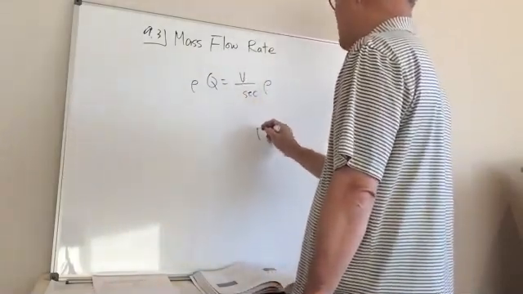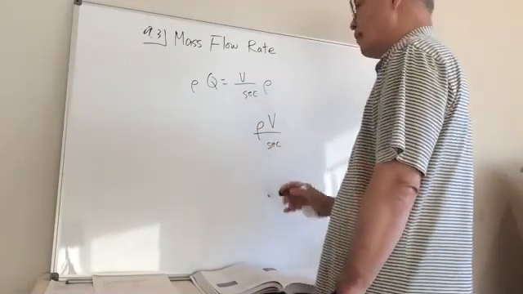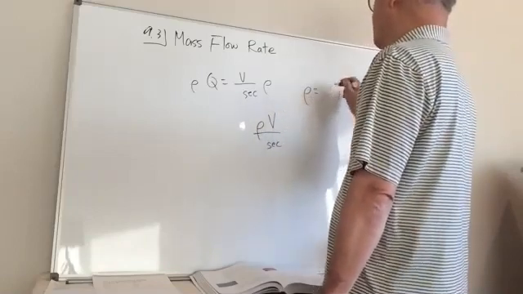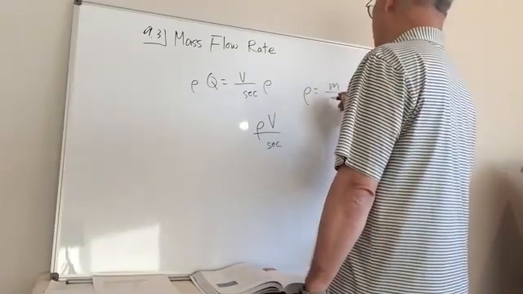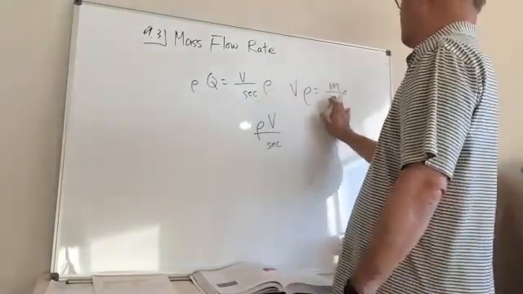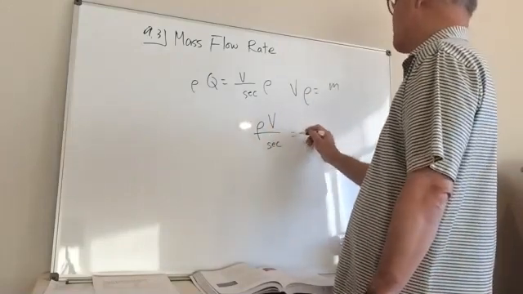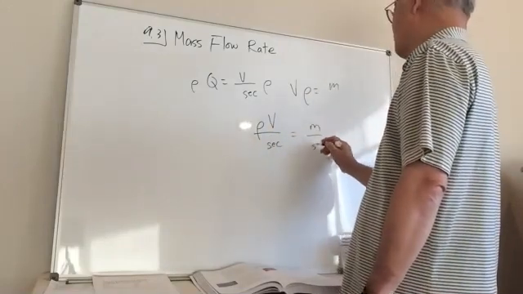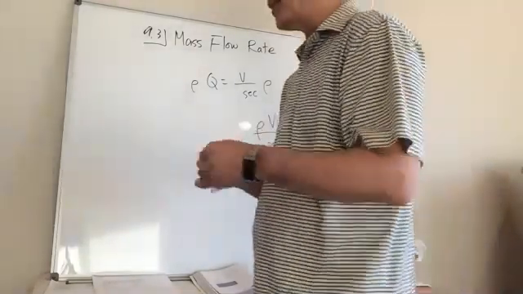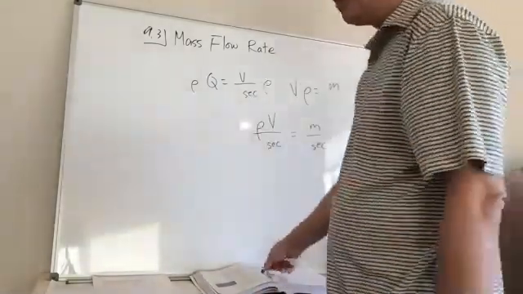Because now you have volume per second times rho, which is mass over volume, so the volume cancels and this becomes mass. So this is going to be mass flow rate, which is the density times the volumetric flow rate.